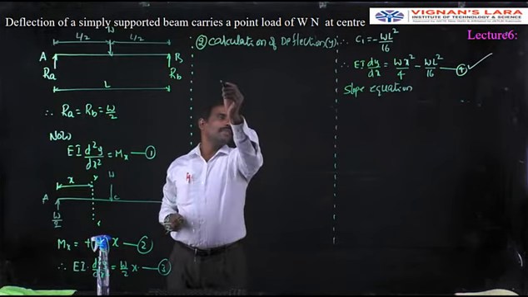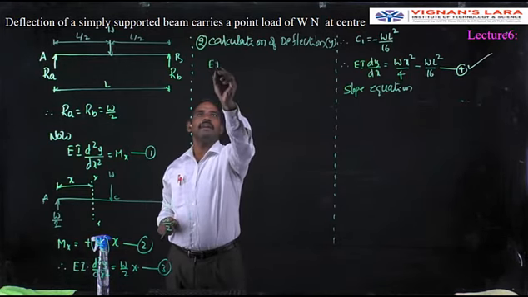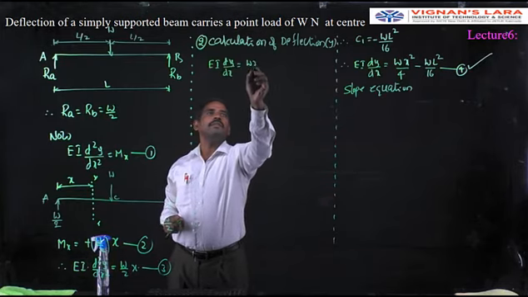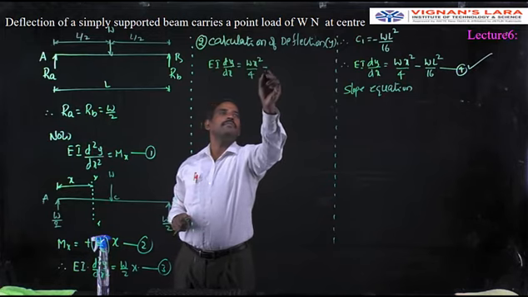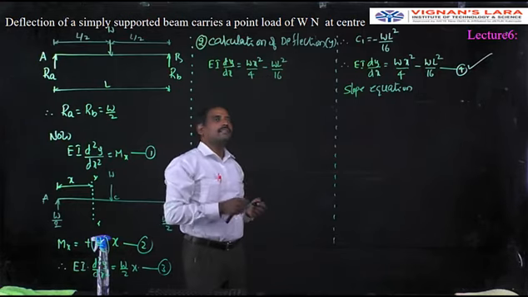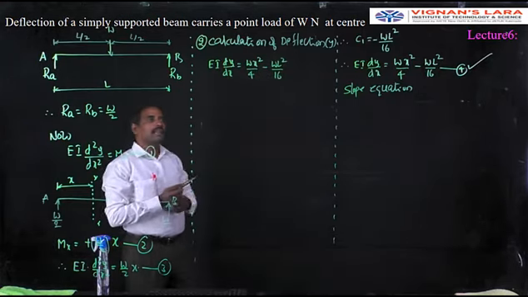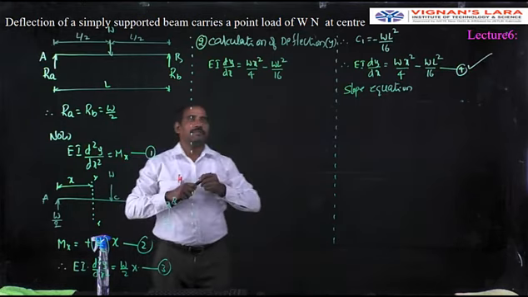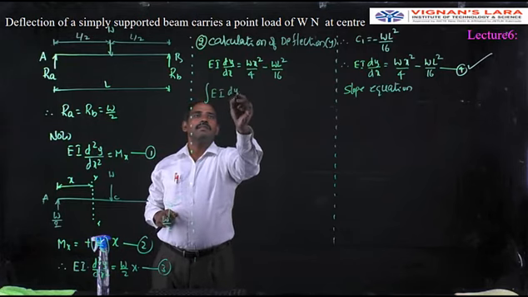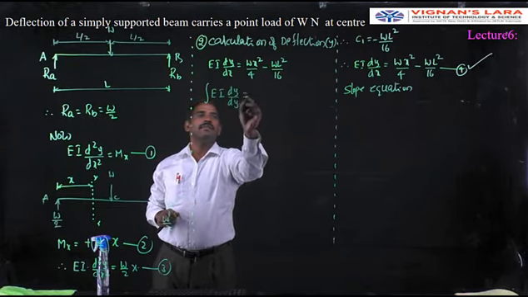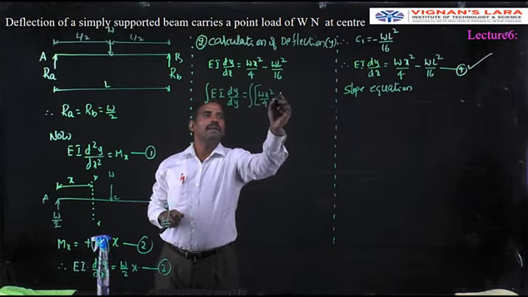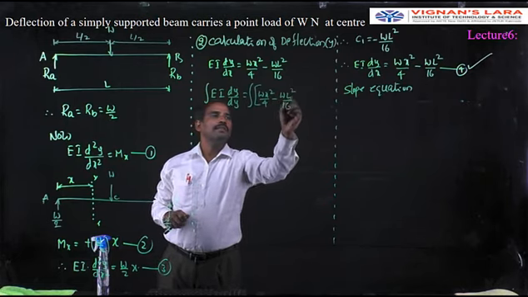We know the equation for slope, that is EI into dy by dx is equal to Wx square by 4 minus WL square by 16. If we integrate this slope equation, we will get the equation for the deflection. So simply integrate the above equation.